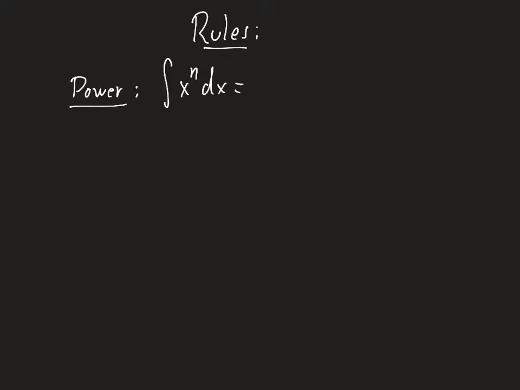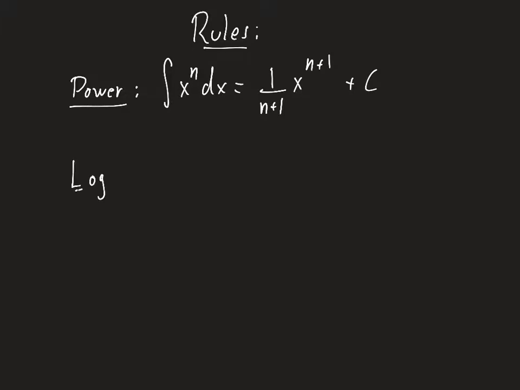So now that I've given all these rules, I'm going to list them out again. First we had the power rule. The power rule told us that the integral of x to the power n is equal to x to the power n plus 1, and then up front we divide by that new power n plus 1, plus c.